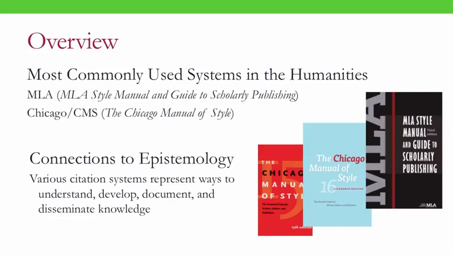One way to understand citation systems in general, I think, is as vehicles for types of epistemologies, that is, understandings of the nature of knowledge. The various citation systems, in that sense, represent different ways to understand, develop, document, and disseminate knowledge in particular ways.